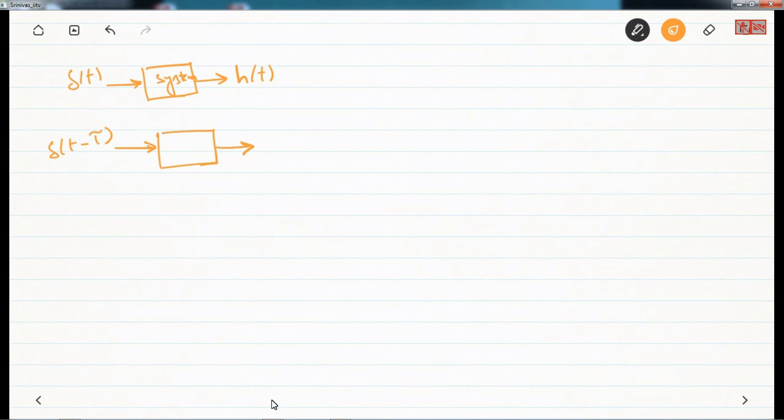Okay, so we know that when I give the input, so this is delta of t, this is t, so this is the input. This input produces an output something like this. Say for example, just as an example, I'm taking h of t as something like this.